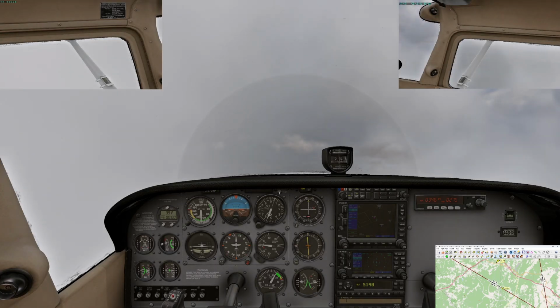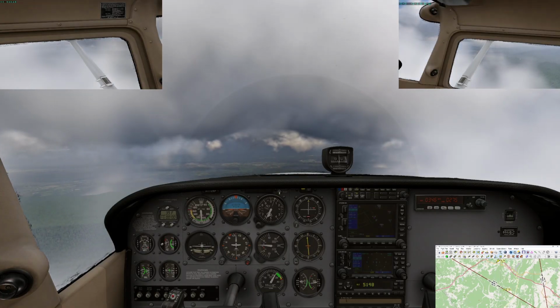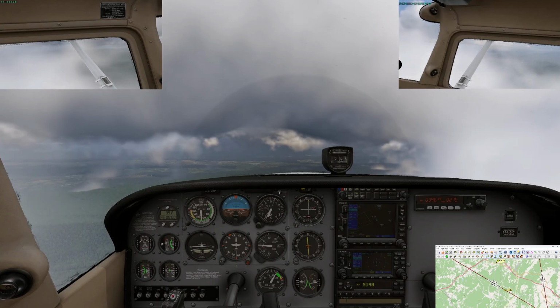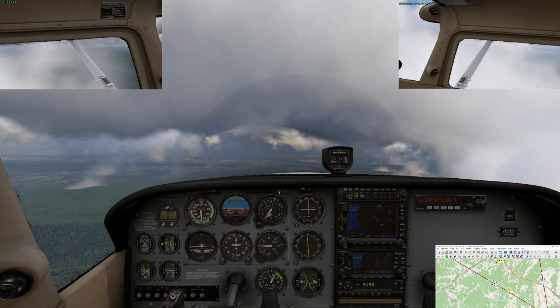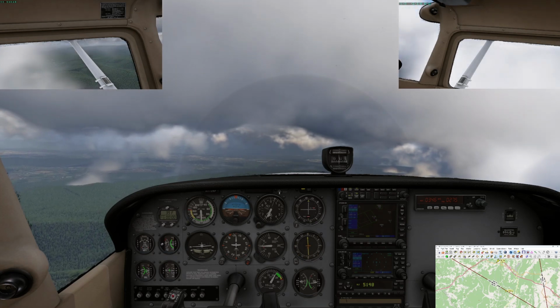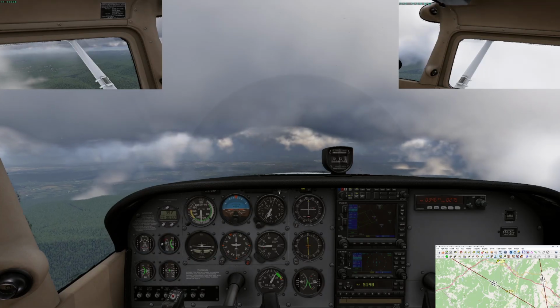Now, if we have a wind from the left, it should be pushing us to the opposite side, and then we'll watch the pointer kind of continue to point to the station. So I may want to put a correction in there. If we keep homing to the station, the closer we get, that correction angle gets bigger and bigger. When we home, then we're almost ultimately flying into the wind if we have 20 or 30 mile an hour winds.